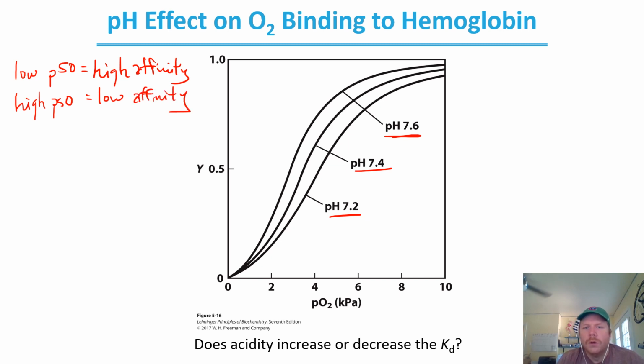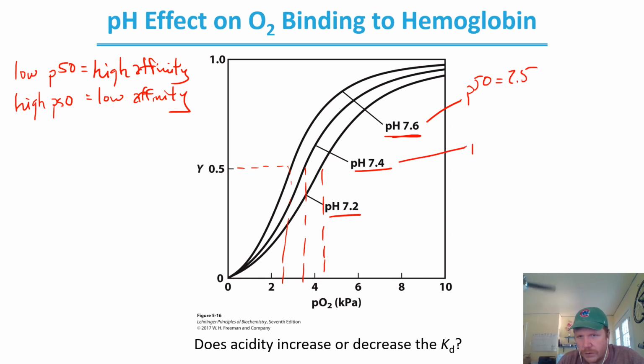Okay, so I would like to go ahead and draw out my P50. So here is one, here is another, and here is another. So what this tells us is we're starting at a pH of 7.6, and let's call our P50 here, I'm going to write them out, P50 equals, let's call that 2.5.